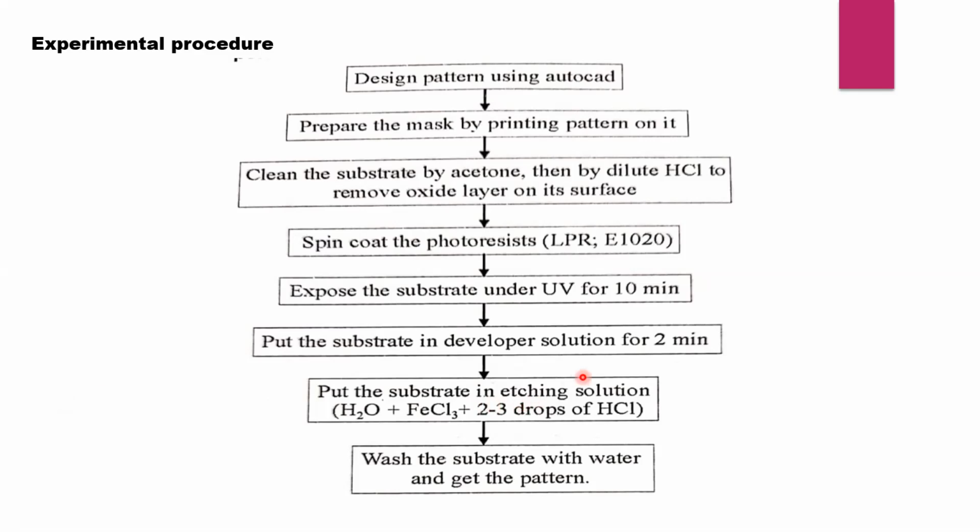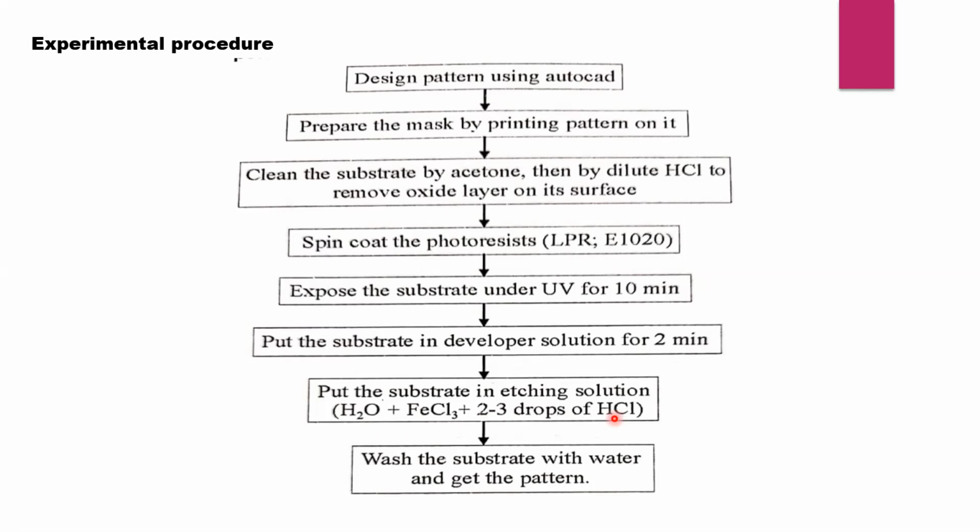Now, whatever product is obtained along with the photoresist should be dumped into the solution, which is a combination of water, iron chloride, and 2 to 3 drops of hydrochloric acid as well. Now, under the influence of these three chemicals, water, ferric chloride, and hydrochloric acid, whatever photoresist was there now gets wiped out.